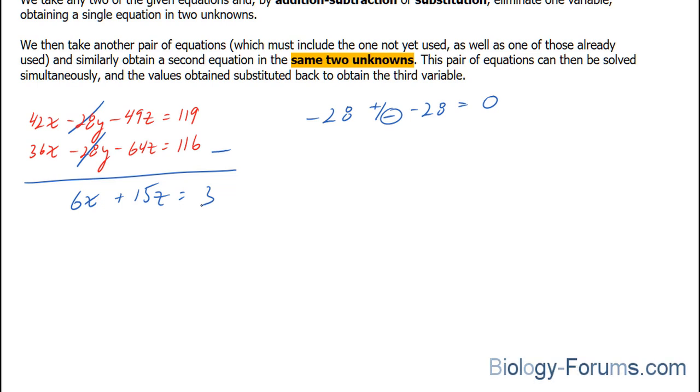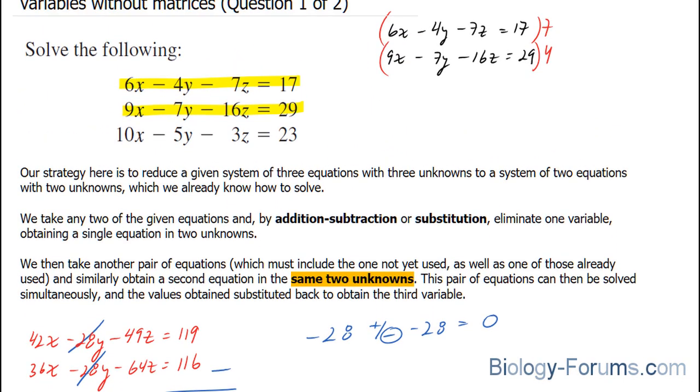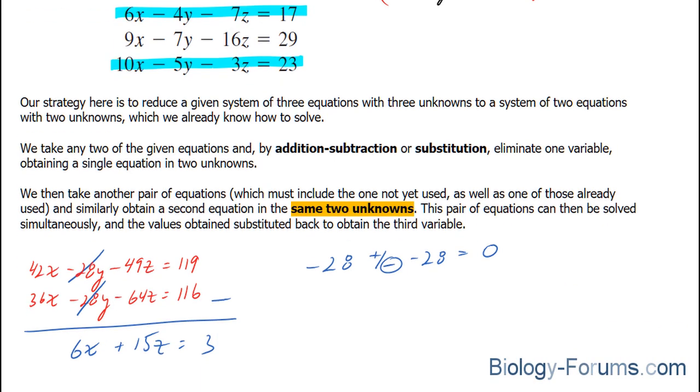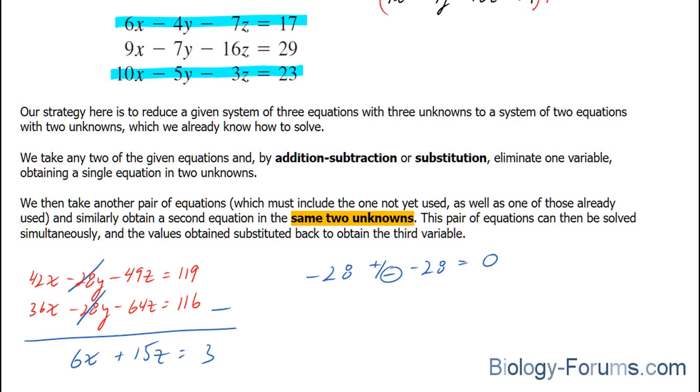So, as you can tell, we have produced an equation with 2 unknowns, and we're going to need to do this again using 2 other equations. So, let's pick this one and try to once again eliminate the y. What we will do is write it out. I'm just going to erase this to create more room.